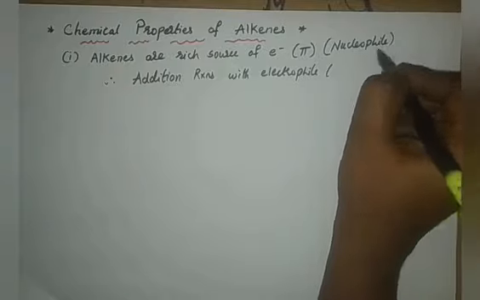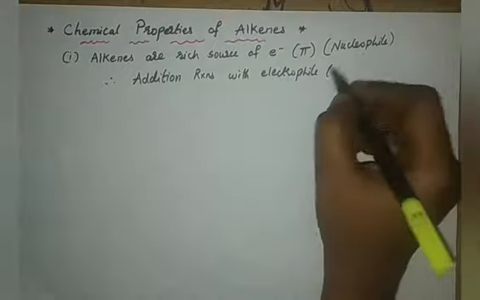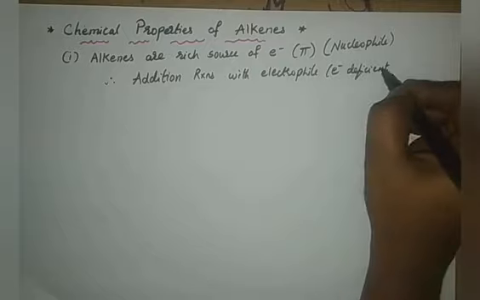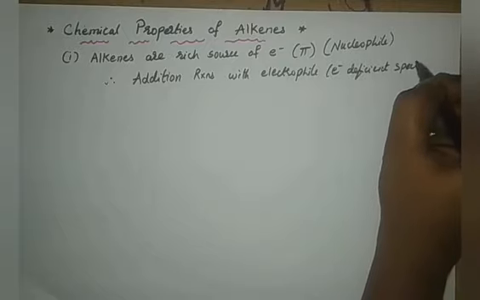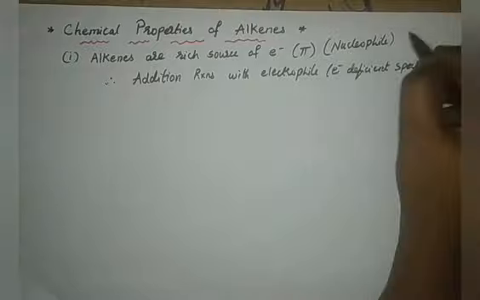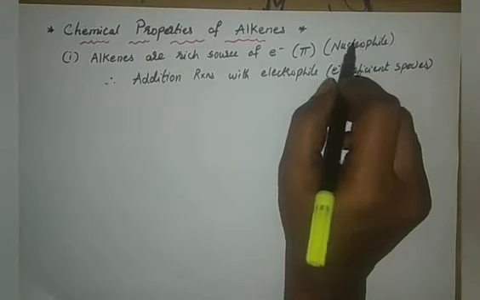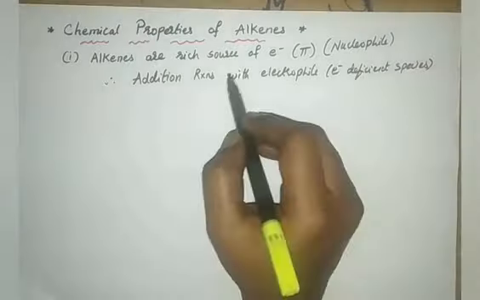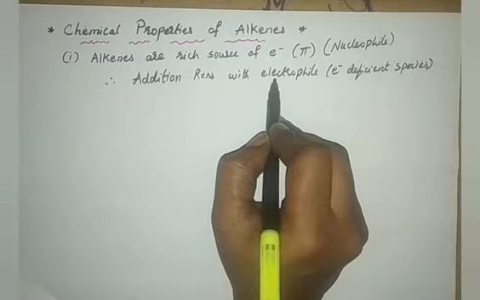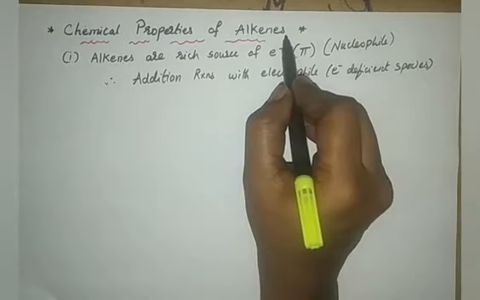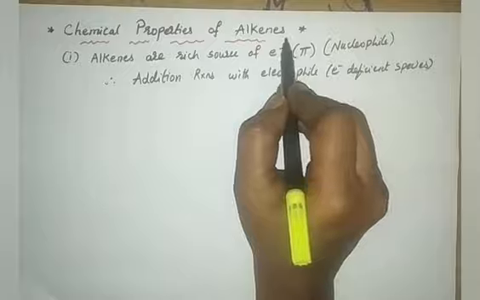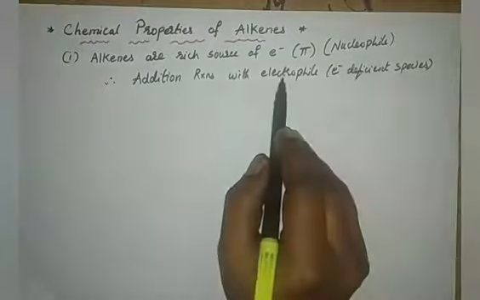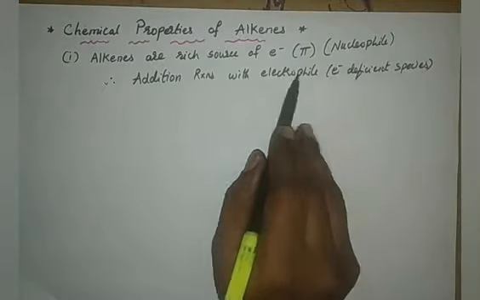Nucleophile means electron-rich species. Electrophile means electron-deficient species. Electron-deficient compounds or species are called electrophiles. Electron-rich species, atoms, molecules or groups of atoms are called nucleophiles. Therefore, atoms or groups which don't have electrons will definitely go to the ones which have more electrons, right? Similarly, the alkenes having more electrons will undergo addition reactions with compounds having fewer electrons.